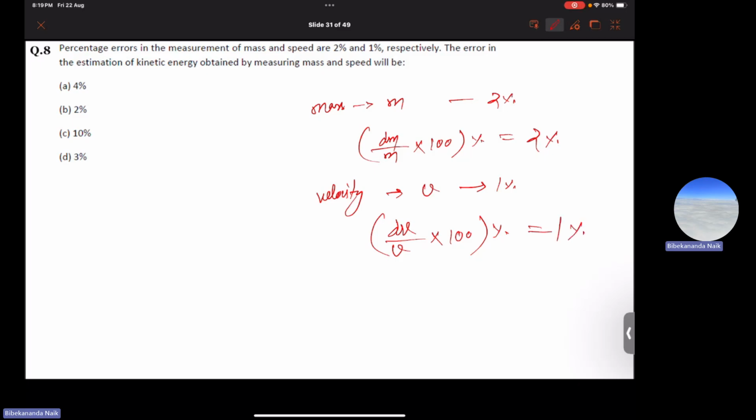And here we need to find out the error in kinetic energy. So error in kinetic energy will be how much? I'll give you a few minutes to try this question, and then we will discuss what will be the correct answer.